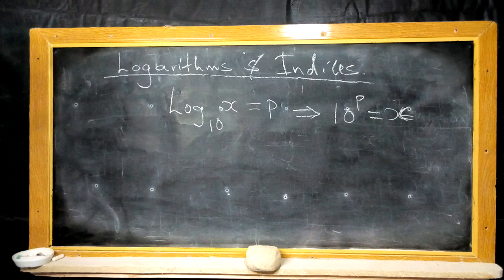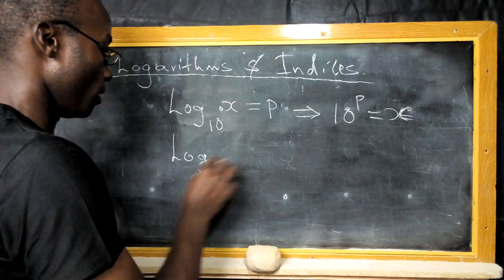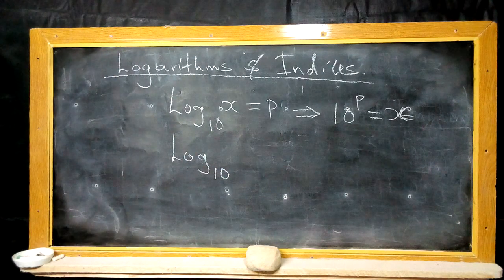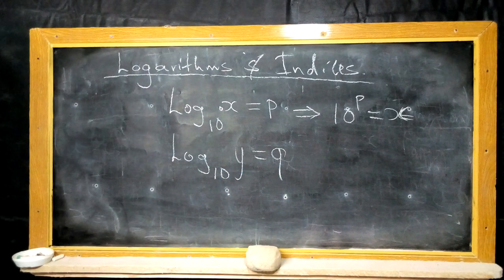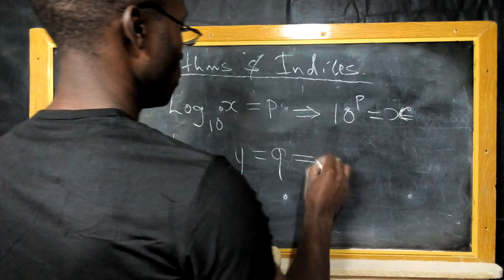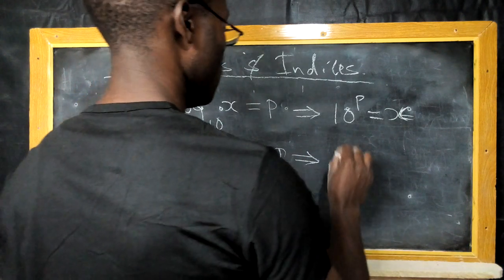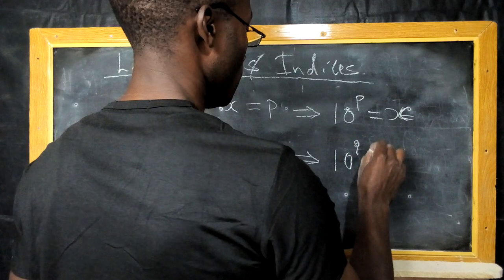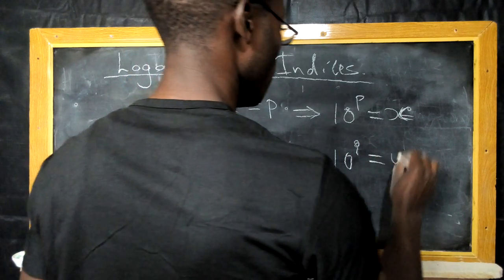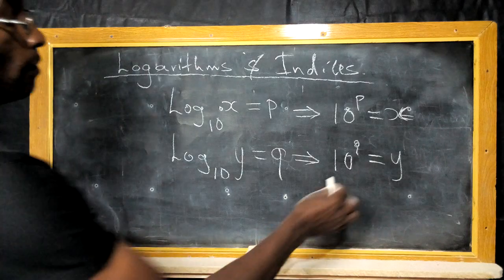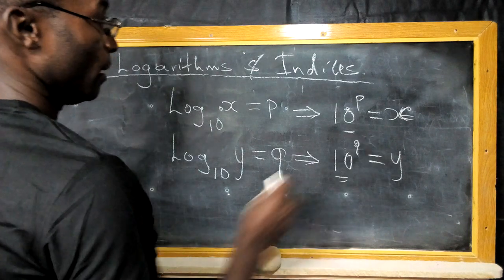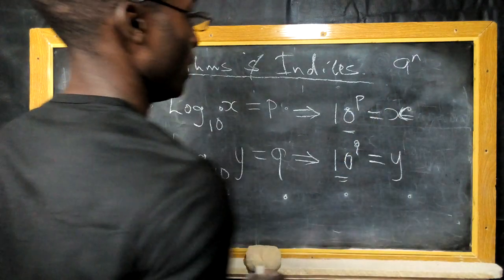And suppose we had another number, log to base 10 of y, given as q. Then this implies that 10 raised to power q is y. So from the laws of indices that we had talked about, this is simply like the a that we are giving, which is raised to power n.